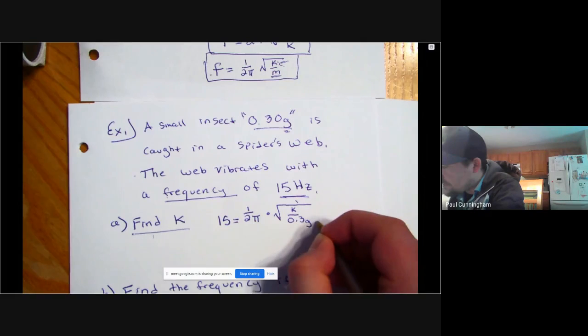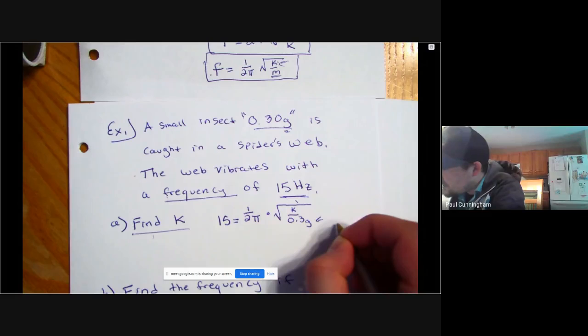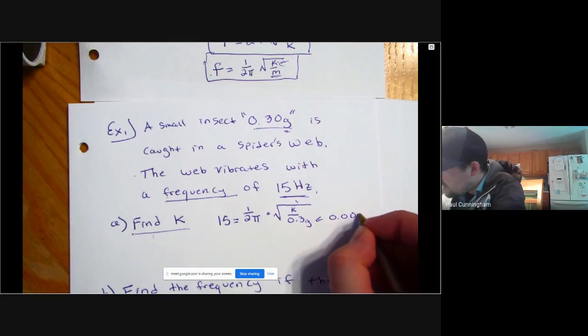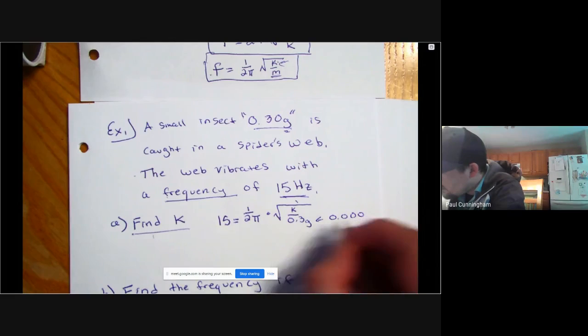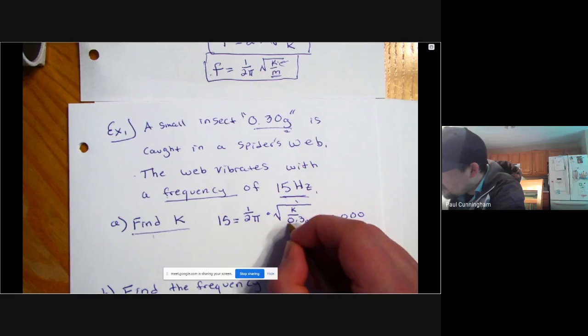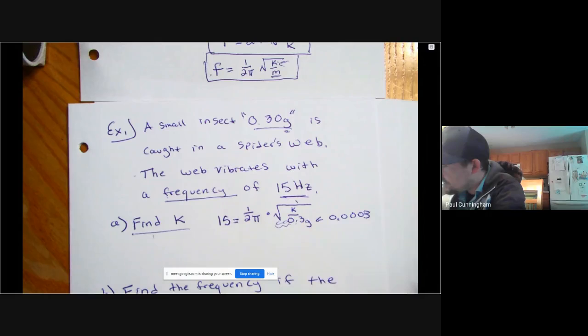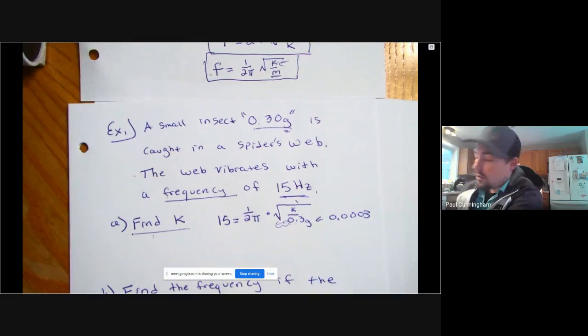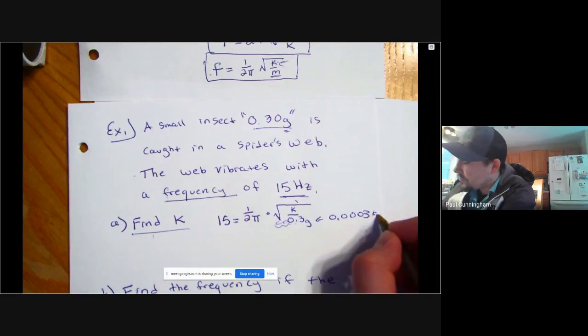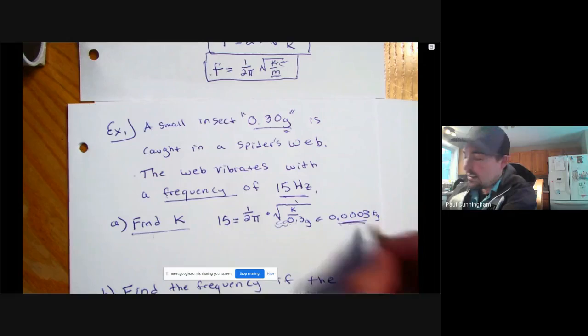We should probably convert that to kilograms: 0.0003 kg. Yeah, that makes sense. So make sure we're using this number and not that number.